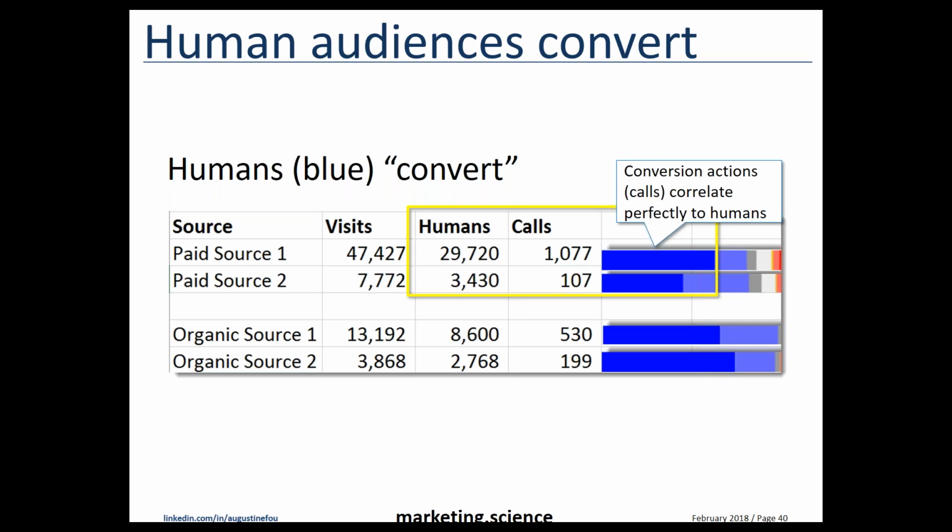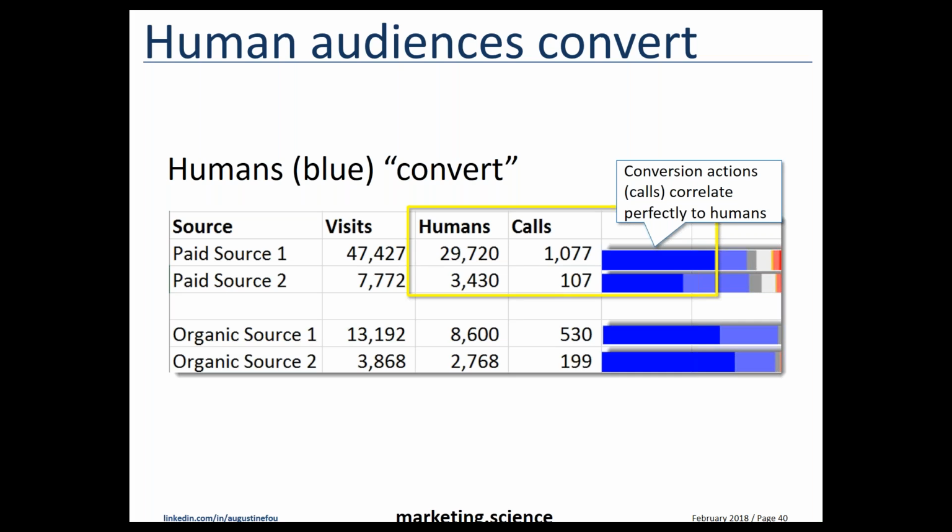And let me show you one other example where the marketer now can show direct correlation between human audiences and conversion events. So here we're using an example of phone calls. This is for a medical device client advertising on pharma or medical websites, medical publishers.